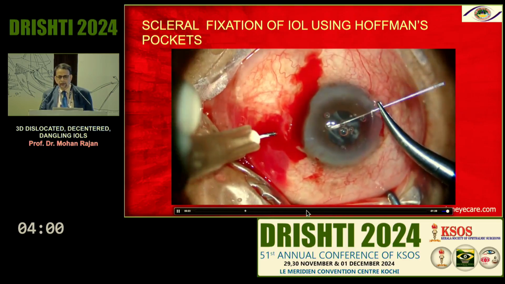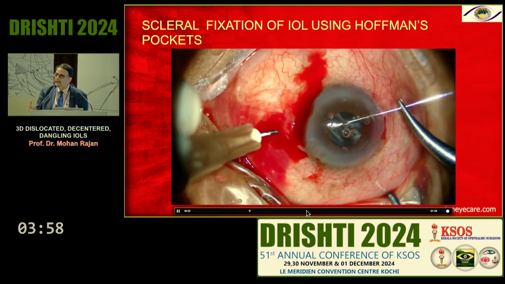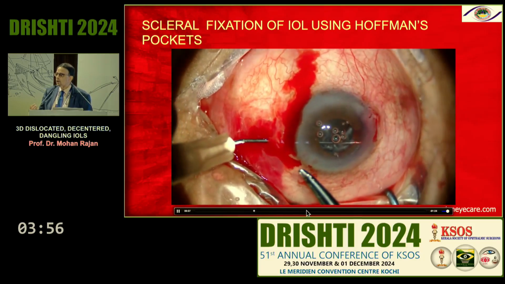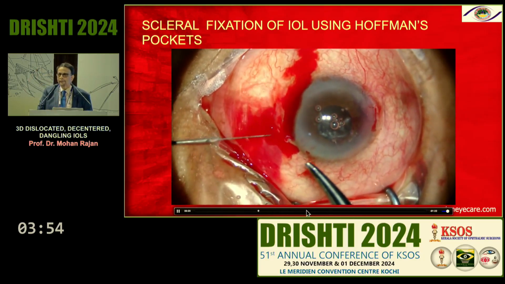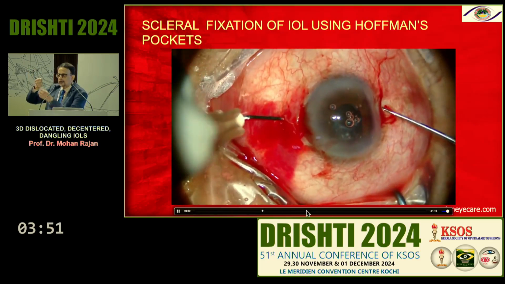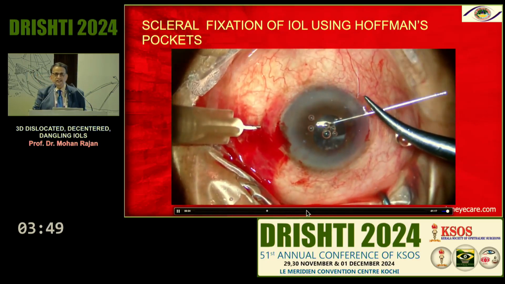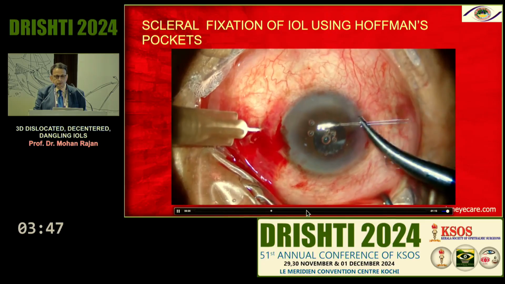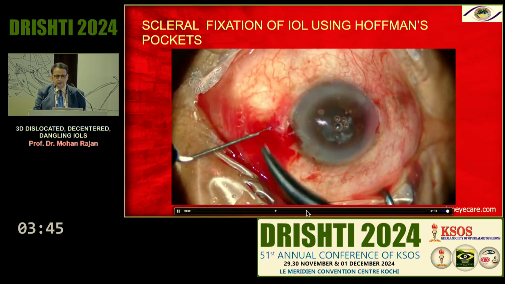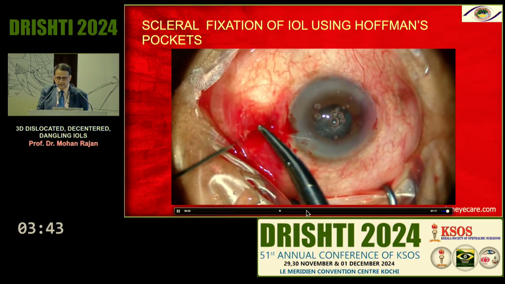One suture goes underneath the haptic, the other suture goes over the haptic. So the suture loops the haptic and fixes the haptic to the sclera. This is one of the methods by which you can fix a decentered single piece lens.